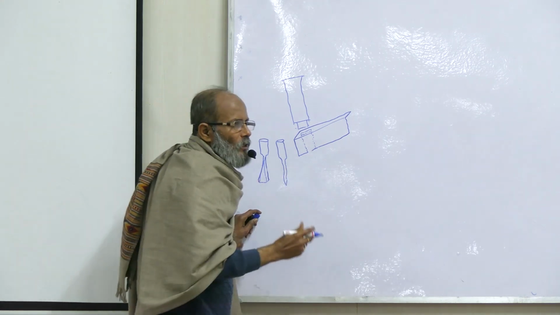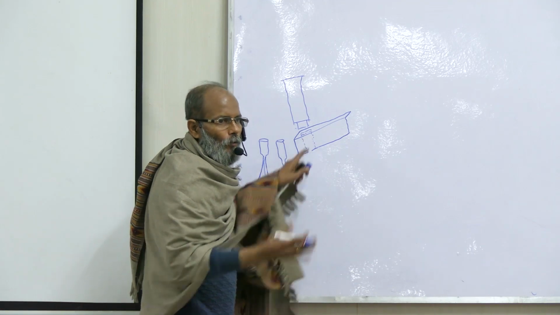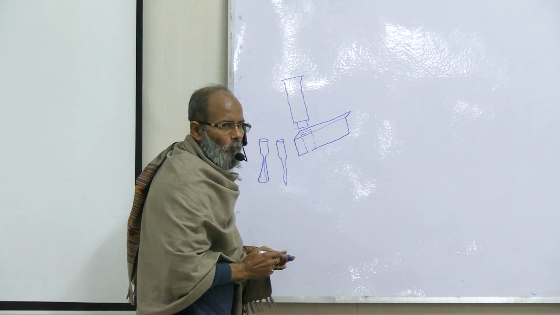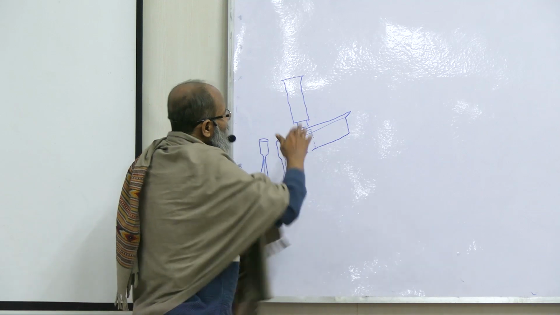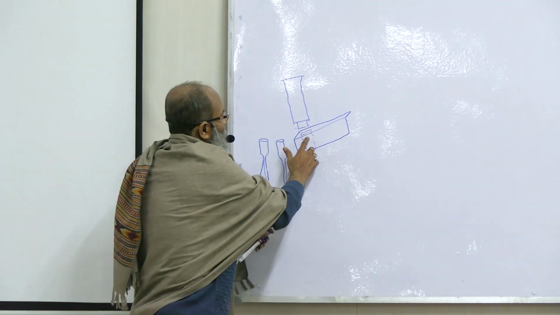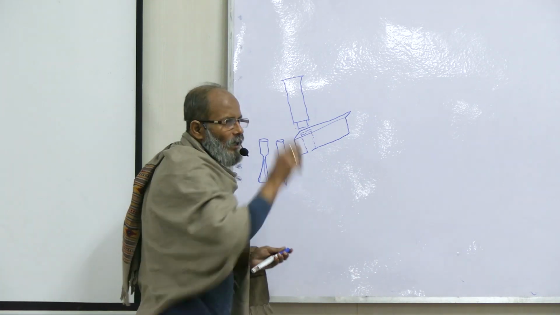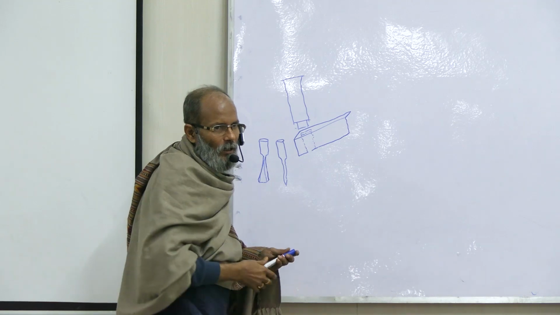This narrow part of the chisel is used to make this socket or the gap. Now this is pushed into this cavity. All right. Then it will be a right angle tenon mortise joint.